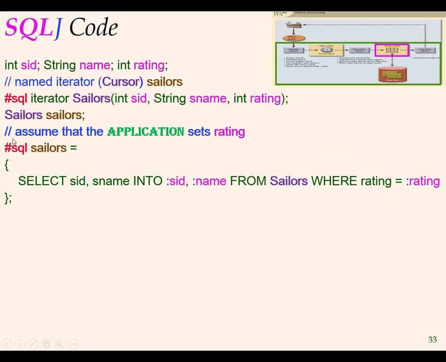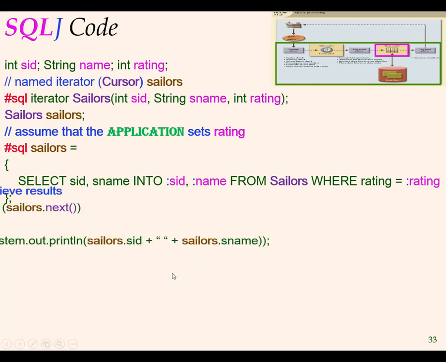And here's again #sql sailor. What this points to is the result of select sid, sname. So my output will have 2 attributes, sid and the name from sailors, where the rating is the one coming from the host language.